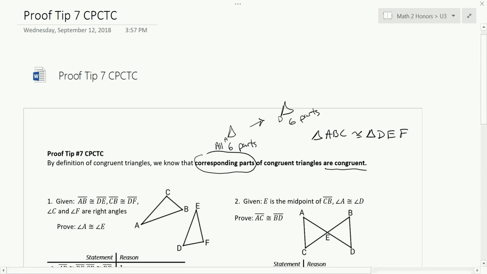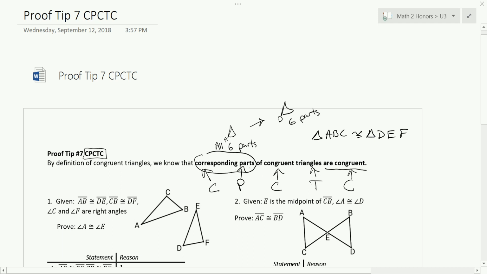You see the title here is CPCTC. C is corresponding, P is parts, we're skipping of, C is congruent, T for triangle, skip R, and C for congruent. So CPCTC stands for corresponding parts of congruent triangles are congruent.